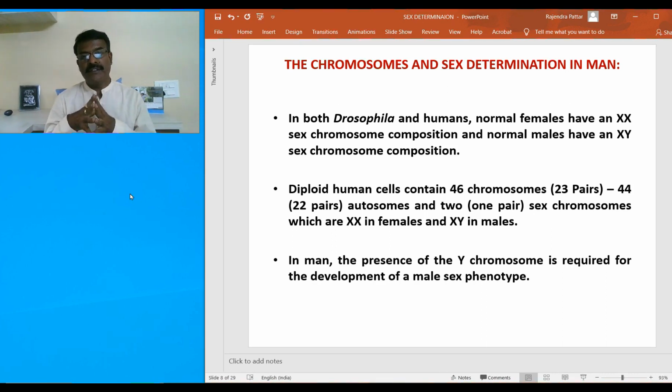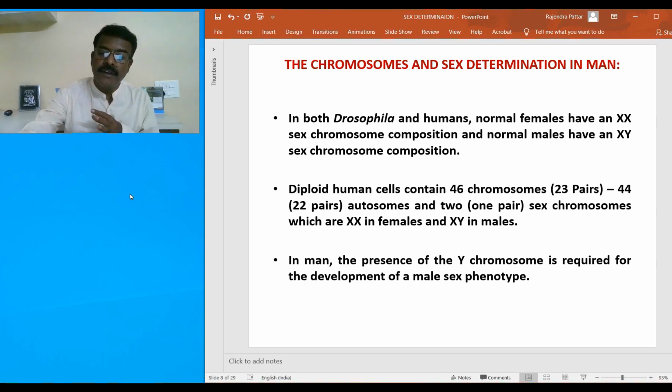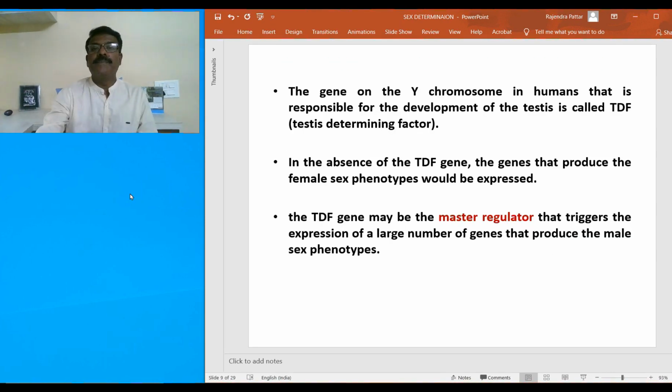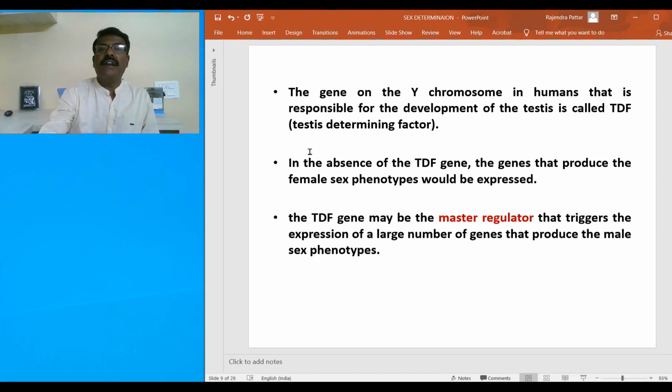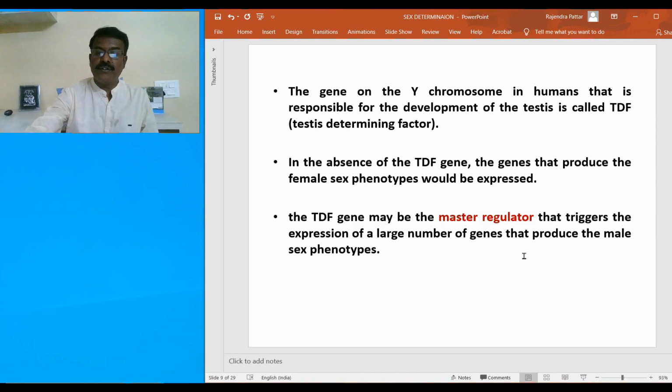So this is important. In this way it is possible to determine sex in the case of man. Moving on to the next slide, as I said, the Y chromosome carries the master regulator, the TDF gene, and it triggers the expression of a large number of genes that produce male sex phenotypes.